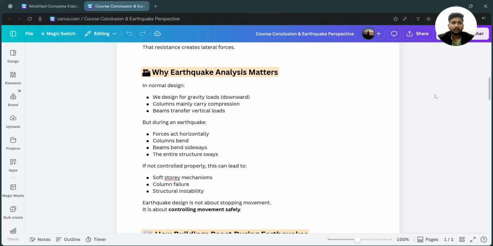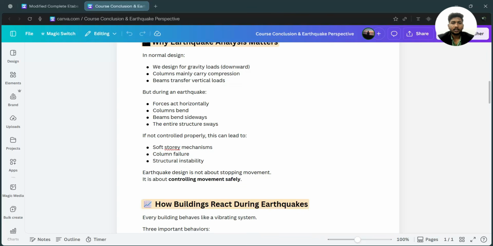But during an earthquake, forces act horizontally: columns bend, beams bend sideways, and the entire structure sways, meaning it will swing. If not controlled properly, this can lead to a soft story mechanism, column failure and structural instability. Earthquake design is not about just stopping the movement, it is about controlling the movement safely.